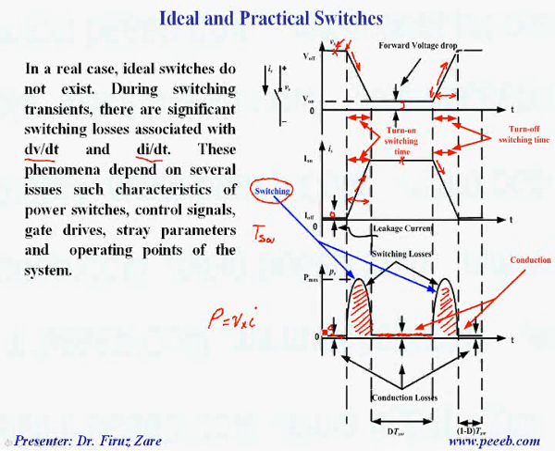So in this case, we can see that by changing the switching time, either during turn-on time or turn-off time, we may decrease the switching losses, but the point is that we can increase the dv/dt and the di/dt. These are main issues in power electronics because they create significant overcurrent and overvoltage and create significant EMI issues.